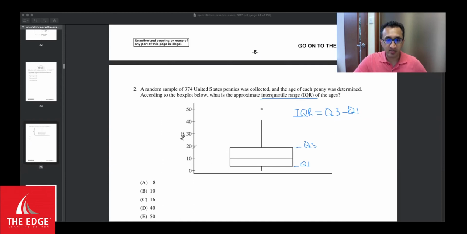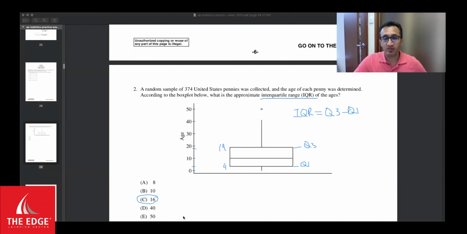To me, this looks like let's say 19 or 18. I'm going to put down 19 for Q3, and for Q1 let's say perhaps 4 or 3. So 19 minus 4 is 15. That's the approximate IQR. If we look at the answer choices, we can see a 16, and that's the closest one. Okay, so the question is done.